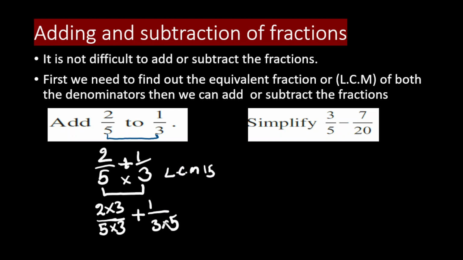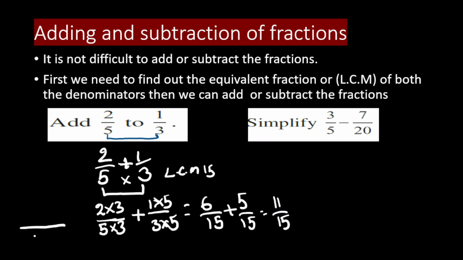And here also 3 into 5 is nothing but 15, so we can multiply 5 with the numerator. And this 2 into 3 is nothing but 6 by 15 plus 5 by 15, and this is nothing but 11 by 15. Or else we can directly take the LCM as 15.